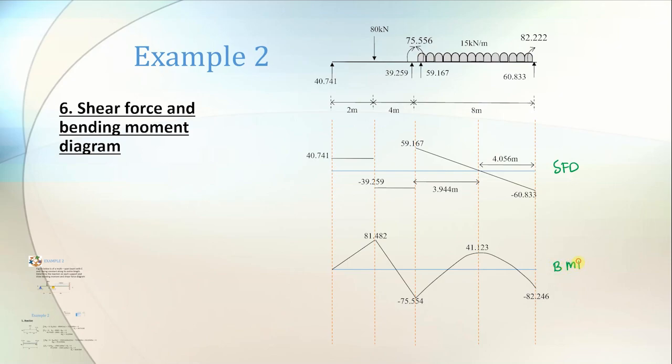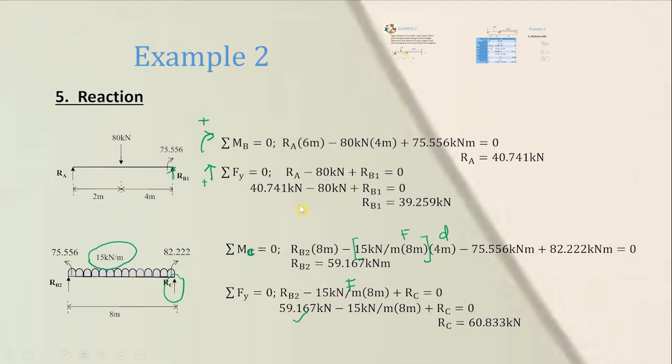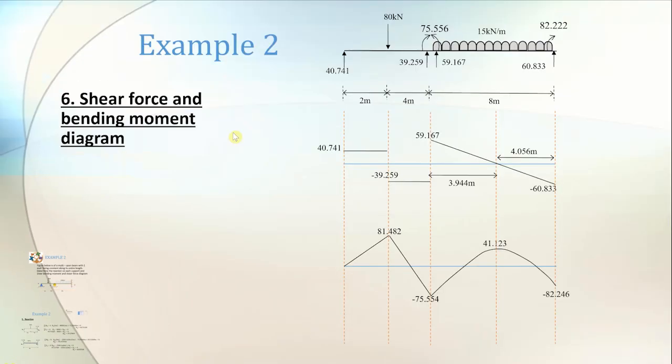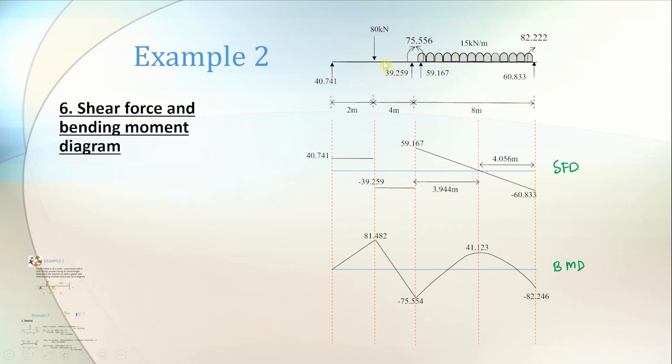Okay, SFD, we take values from the reactions that you calculated earlier, refer back, and put in all those reactions, the RA, RB1, RB2 and RC, on this figure at the top. And also don't forget the moments you calculated earlier in that distribution table. Also include all these values.